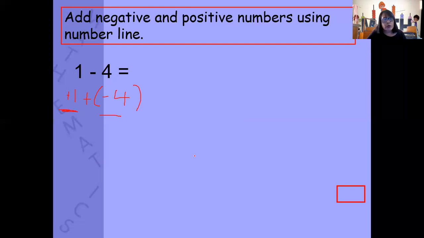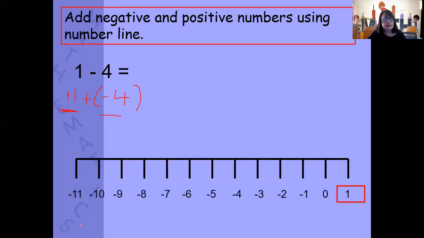I will show you again my number line. I again circled, or put a square on, my starting number, which is 1. Now our second number is negative 4, so we are going to move 4 times from 1 to the left.